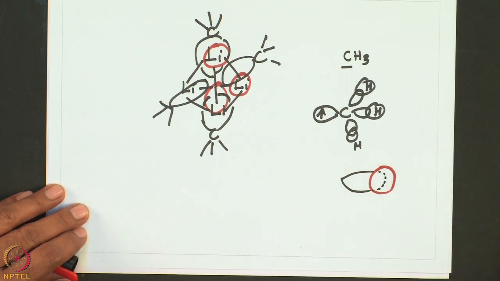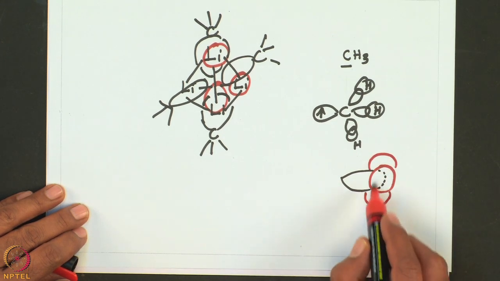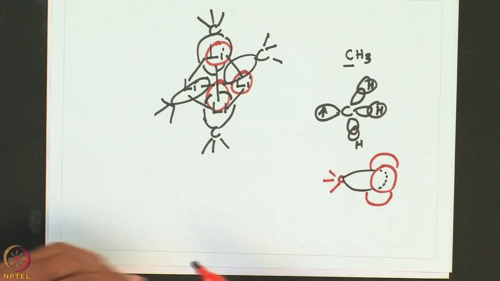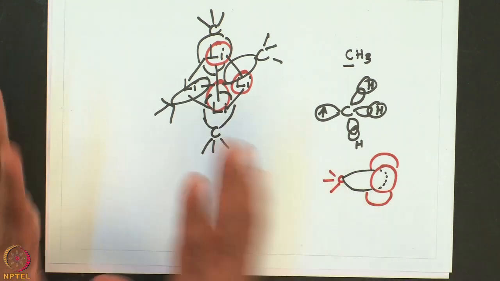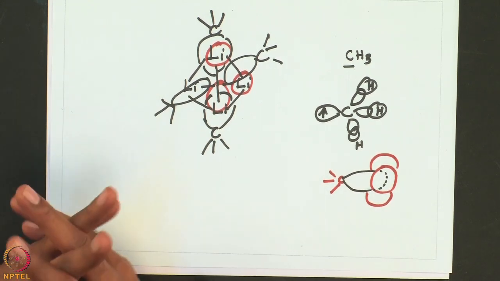Okay. So, another 2 lithium atoms will be flanking from the other position. This is how exactly it shows here. So, you have the methyl group. Okay. So, this gives some idea about how it essentially shows 4 centered 2 electron bonds.